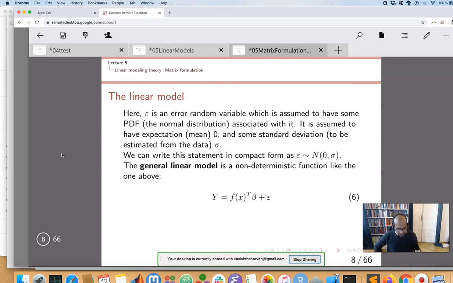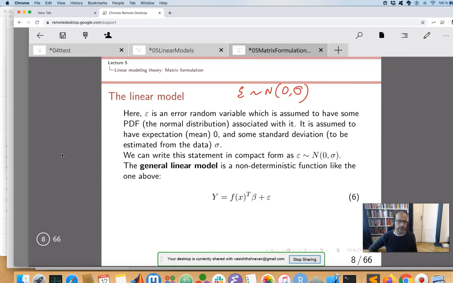Epsilon is this error variable, the residual variability that I discussed earlier. As you recall, the random variable epsilon was assumed to have mean 0 and some underlying standard deviation sigma, that we estimate from the data.